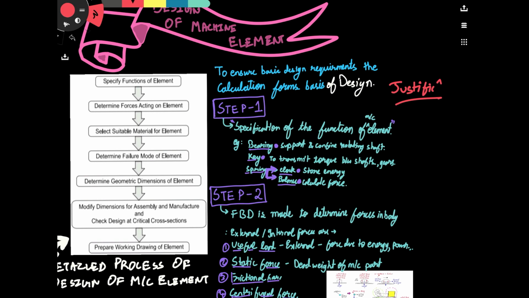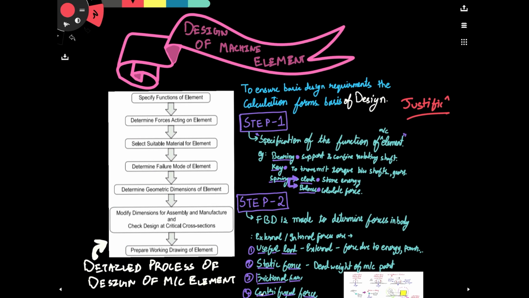So here a representation is given. It is stepwise. First of all we specify the functions of elements. After that we determine the forces and a suitable material, then determine the failure mode, then determine geometrical dimensions.